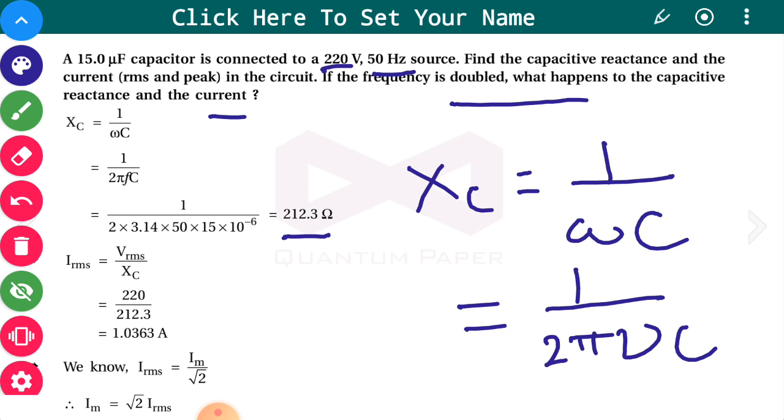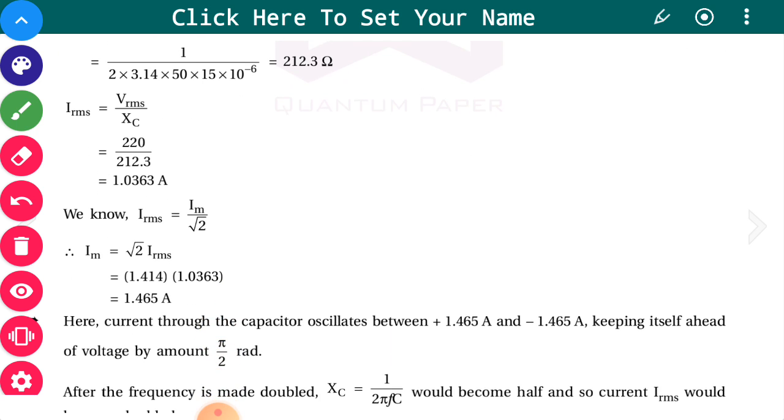Nu is 50 Hz, and capacitance is 15 microfarad, so we have to convert it to 10 raised to minus 6 and multiply. Then Irms you can easily find as Vrms upon Xc, which is 1.0363. If we want to calculate Im, then Im is root 2 into Irms, because Im is the maximum current.